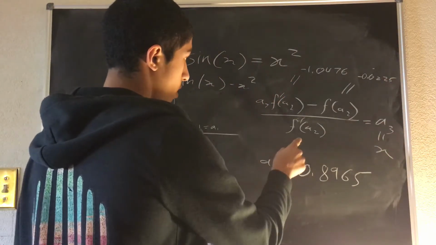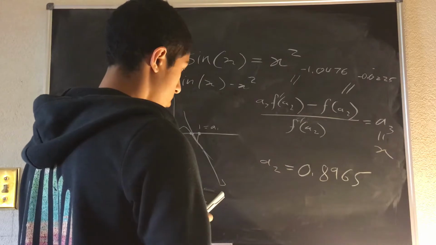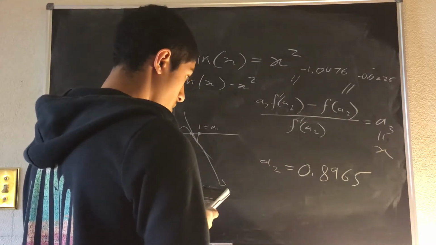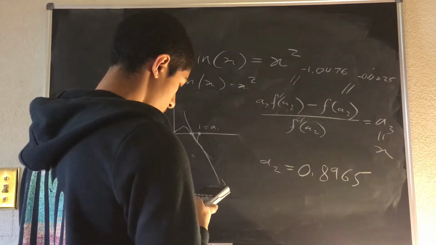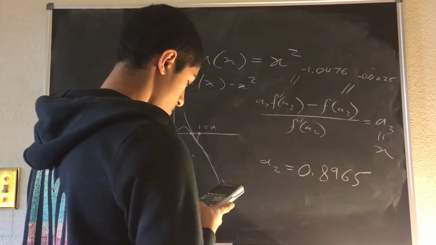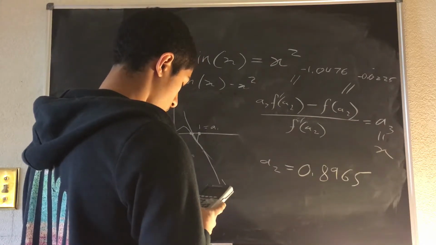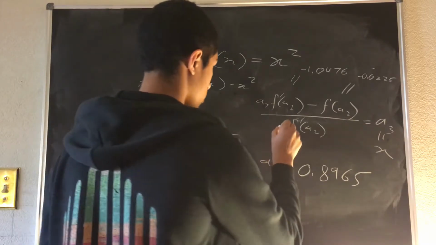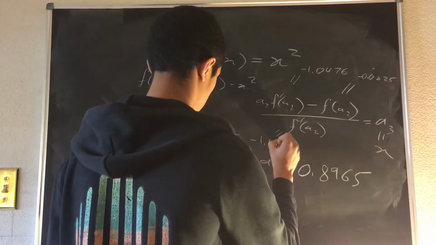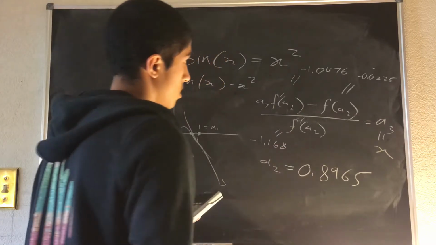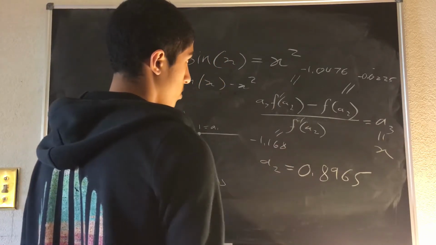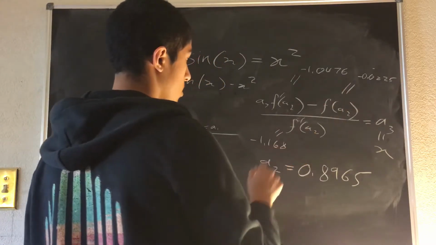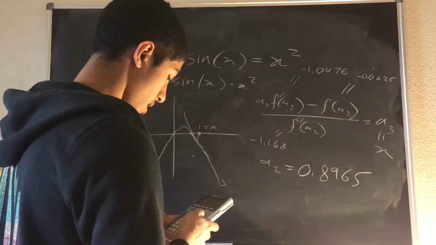And then f prime of a2 will simply be cos of 0.8965 minus 2 into 0.8965, and that will equal negative 1.168.